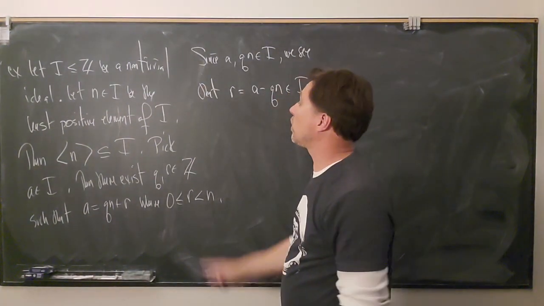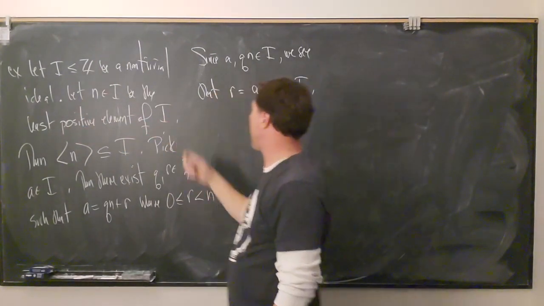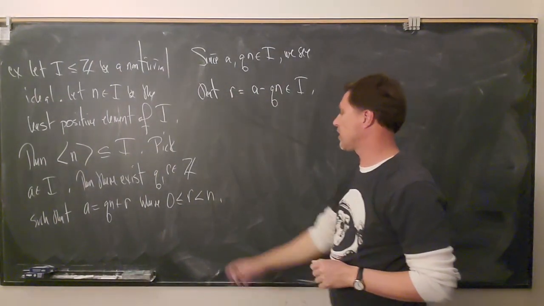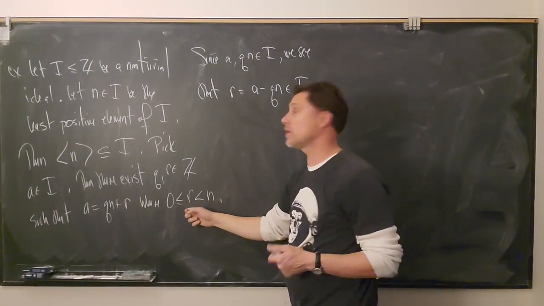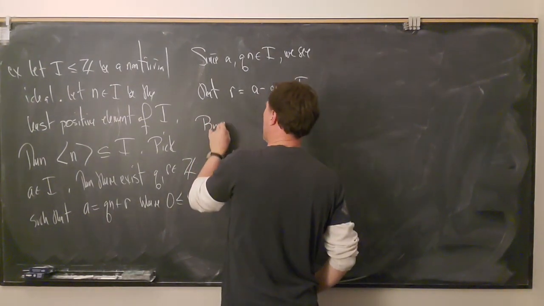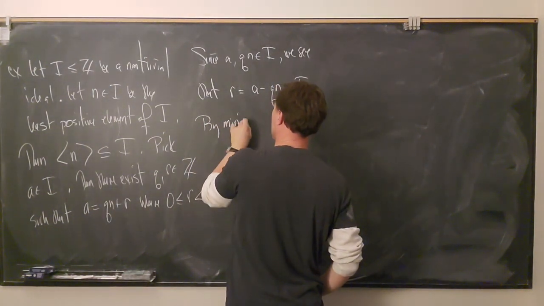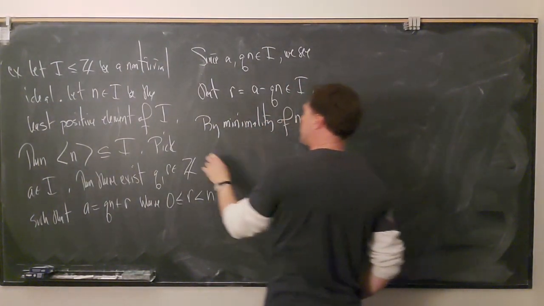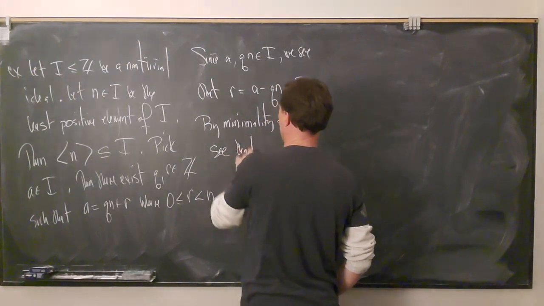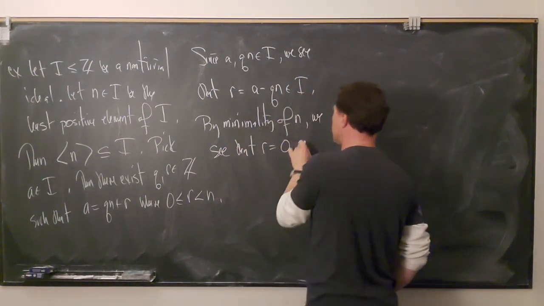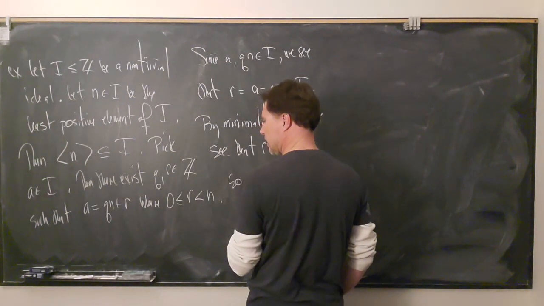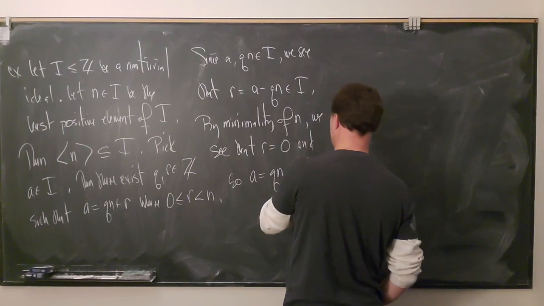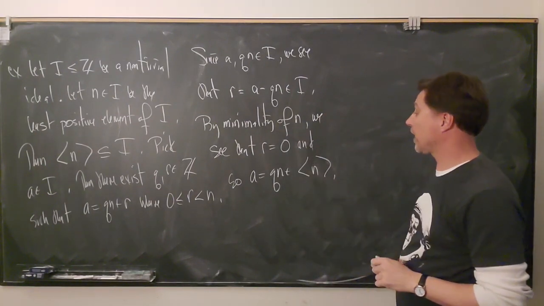Of course, we chose n to be the least positive element of I. r is either positive or 0, and so by minimality of n, since we said that r is less than n, that forces r to be equal to 0. That tells us that a is equal to qn, which by definition is an element of the ideal generated by n.